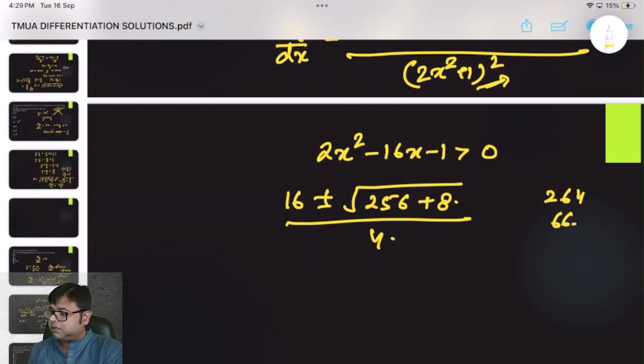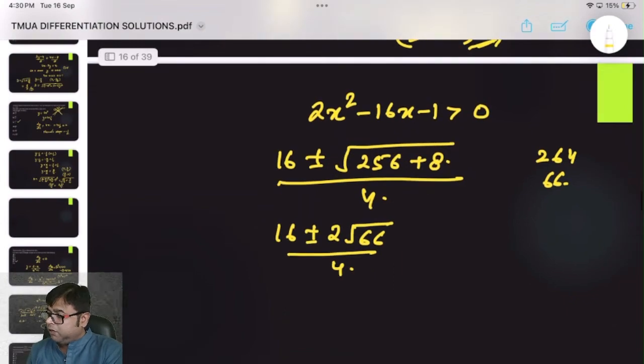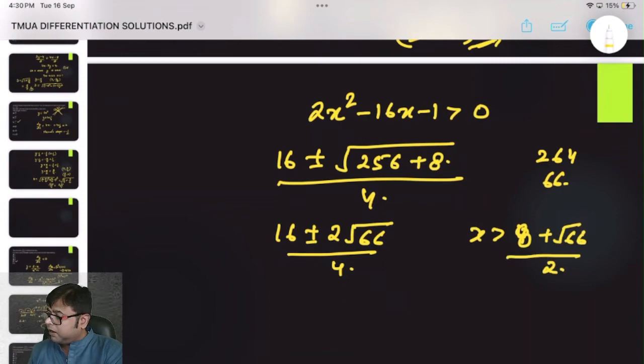Yes, 66, right? So it will be 16 plus minus 2 root 66 upon 4. So I know for increasing, x will be greater than 8 plus root 66 by 2, or x will be less than 8 minus root 66 by 2.